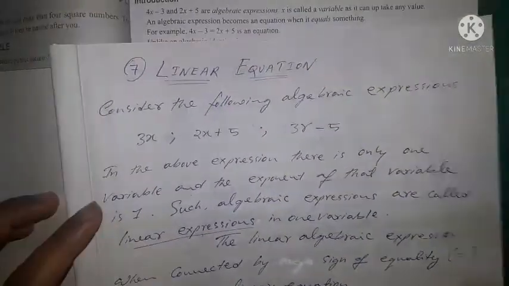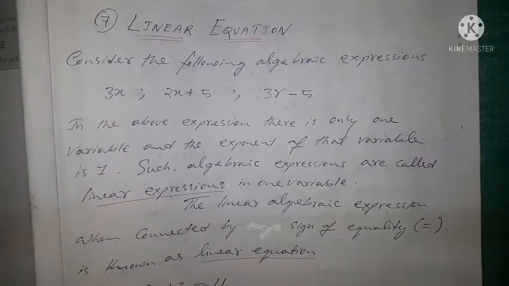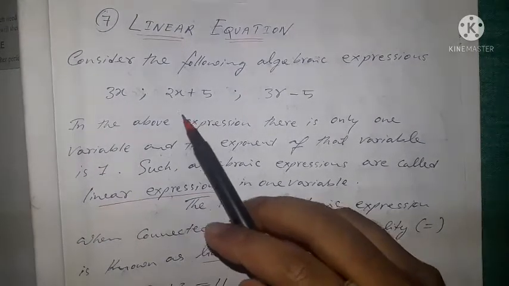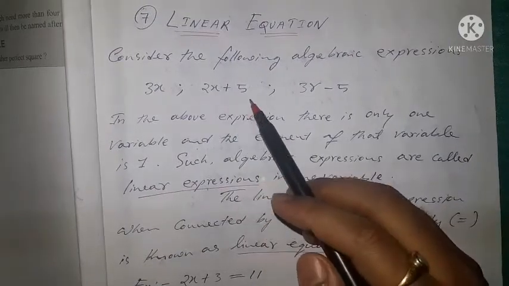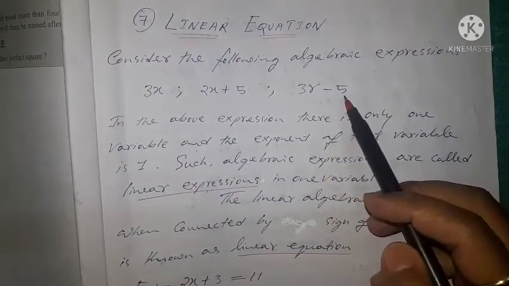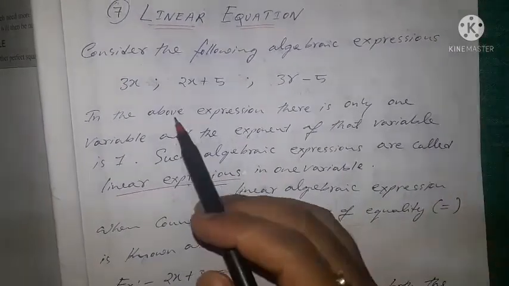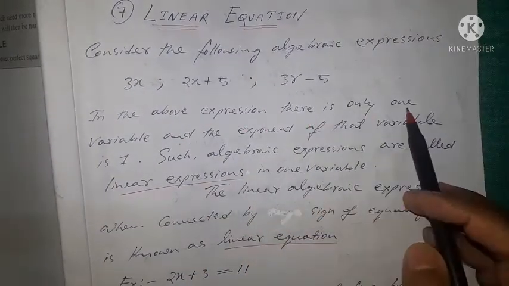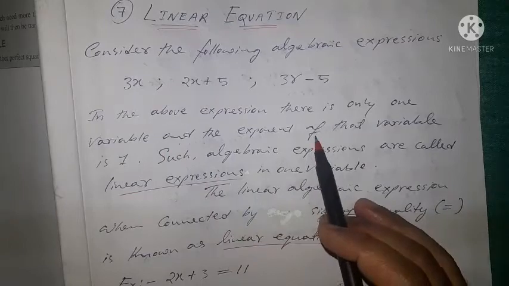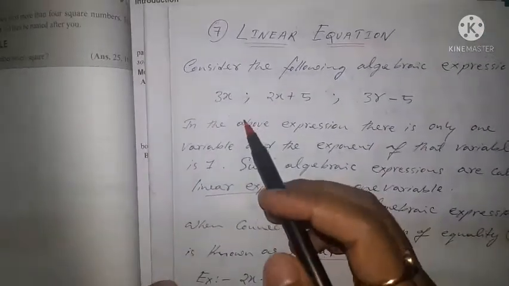So, linear equation. Consider the following algebraic expressions: thrice x, twice x plus 5, thrice r minus 5. We know all these are algebraic expressions. In the above expressions there is only one variable and the exponent of that variable is 1.